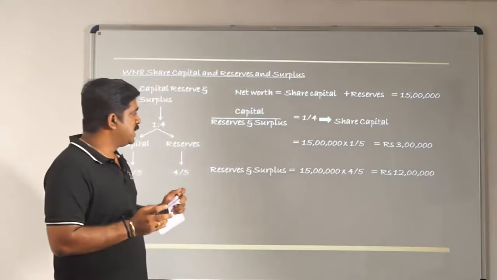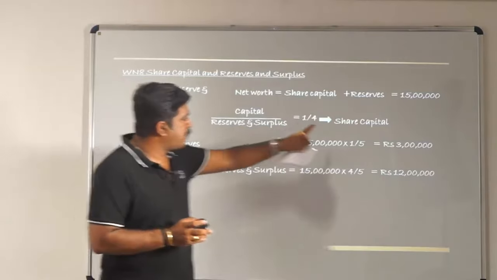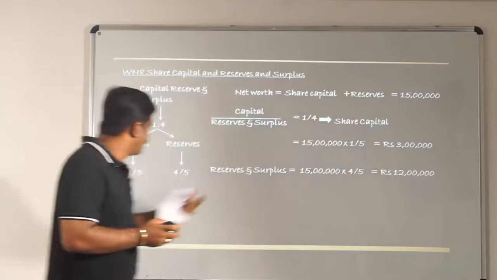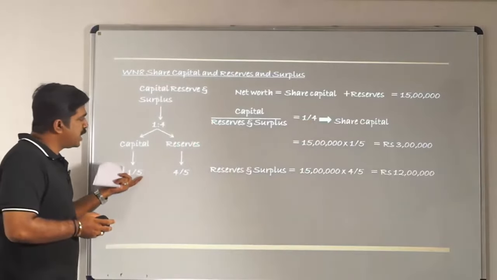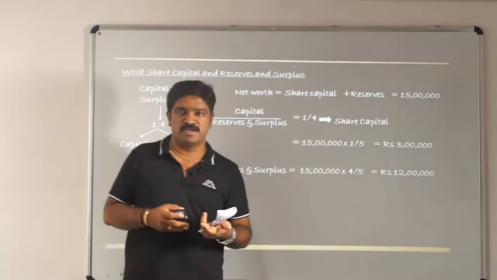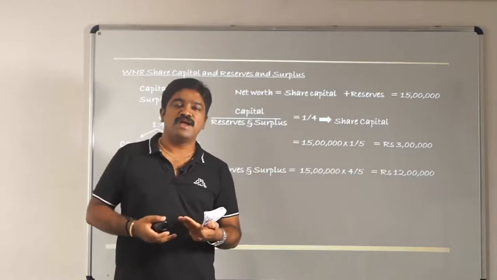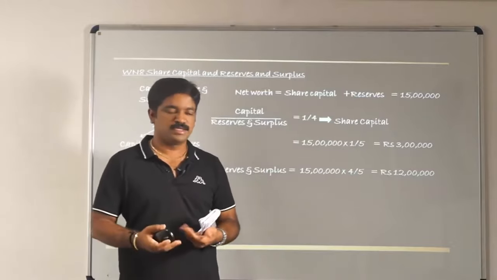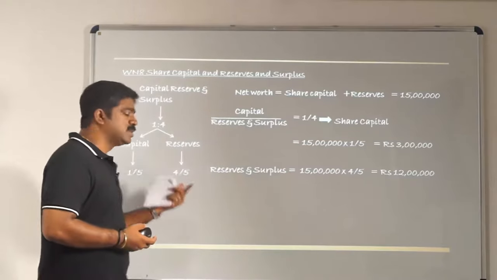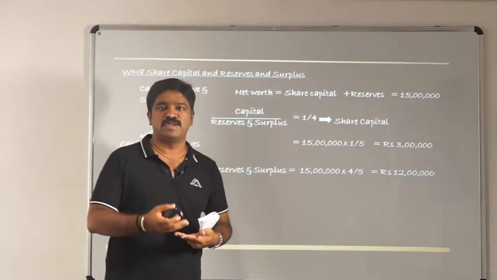So what I'm going to say is this share capital is 1/5. That's what we have derived here. This share capital is 1/5 of what? It is 1/5 of net worth. Okay, what about the reserves? This is 4/5 of net worth.